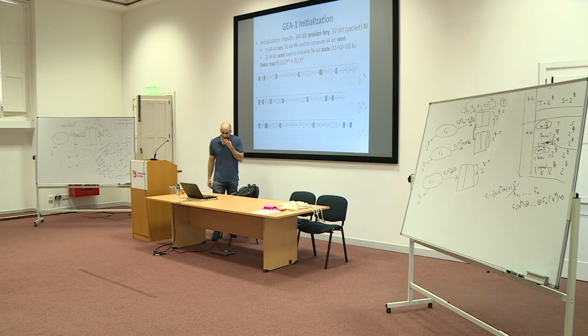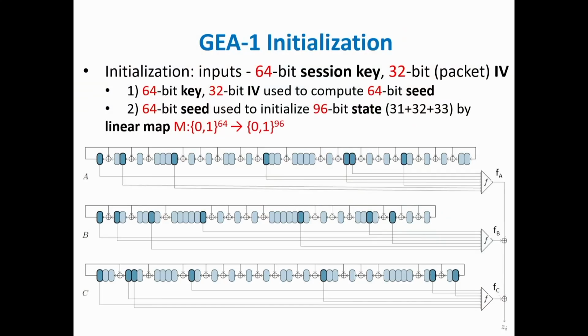Let's start with the initialization process. This process takes as input a 64-bit session key and a 32-bit IV, the initial value. It has two steps. The first step has as input the key and the IV, and it uses them to produce, using some mapping, a 64-bit seed. Then the second step takes this seed and uses it to initialize a state.